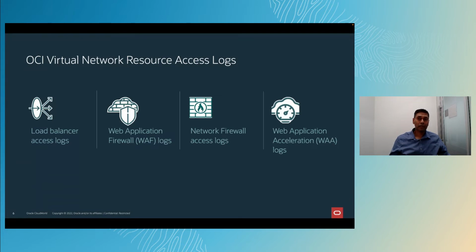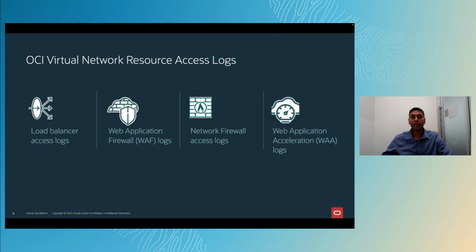WAF access logs include information about specific types of events that are being mitigated or the policy actions taken. So it goes even deeper, and this gives you richer information about the security aspects that are happening in your environment. We also recently announced our network firewall service, and the network firewall service has its own access logs as well, which include the disposition of the traffic that it takes, as well as any security incidents that are being monitored or actions being taken based on a certain security incident.